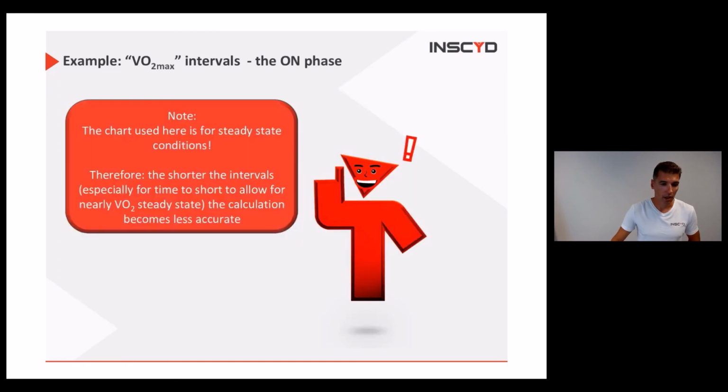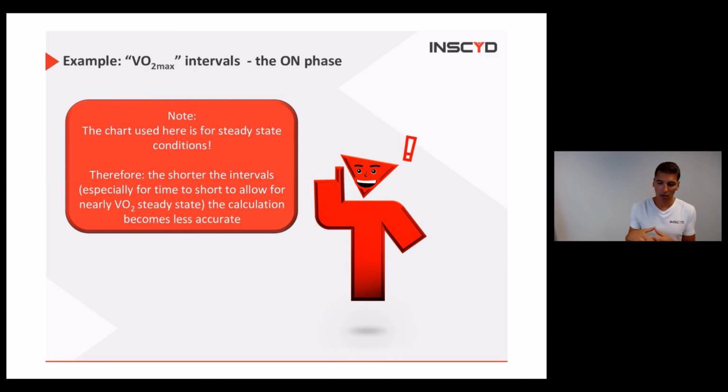Okay. So what is to be noted, there's one restriction. All these charts are only referring to the muscle work. It's not total body carbohydrate. But more important, everything is referring to steady state conditions. And the further away you are from steady state conditions, the less accurate, so to speak, it gets.